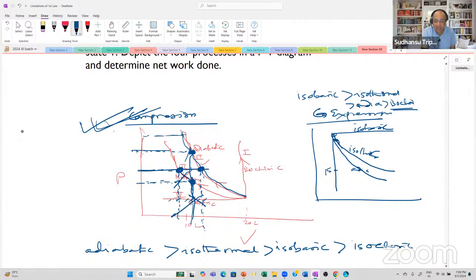This one, and from here to here, we started from 20 liter. So this area will be the work done during adiabatic compression in an irreversible manner, because the fixed external pressure is the final pressure under which it is compressing.